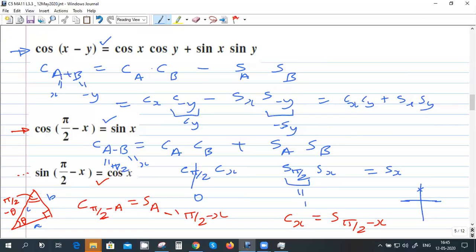What is sine theta? A by C. Sine theta is A by C. Sorry, cos theta is B by C, the opposite side. And what is cos of pi by 2 minus theta?